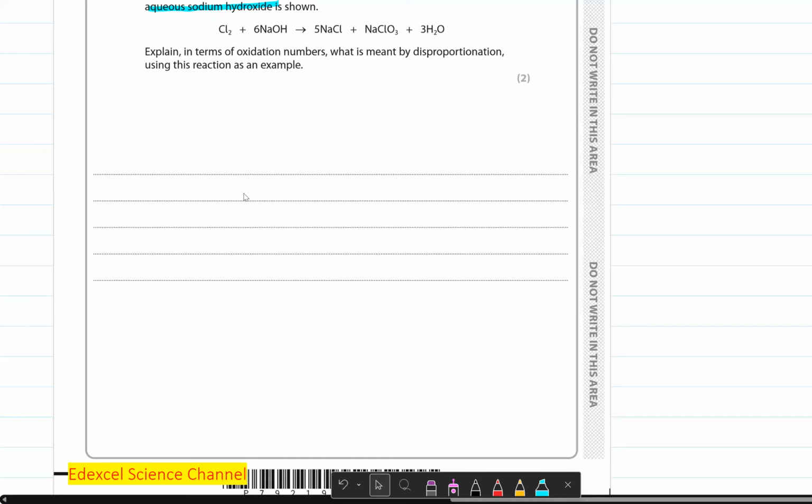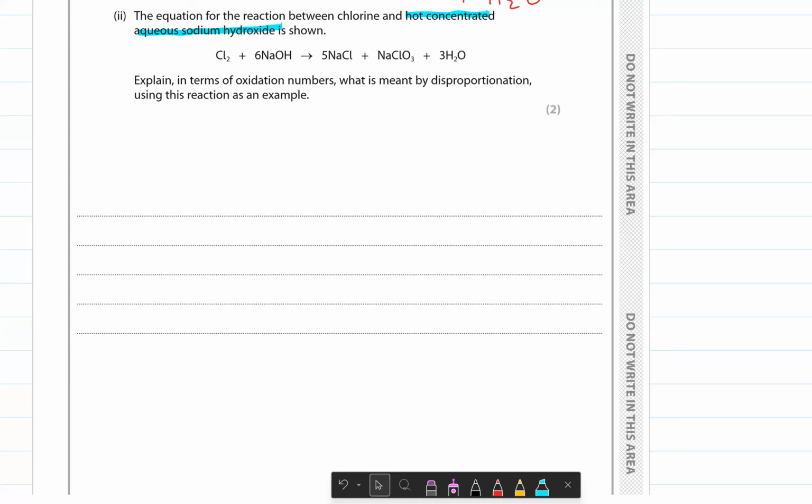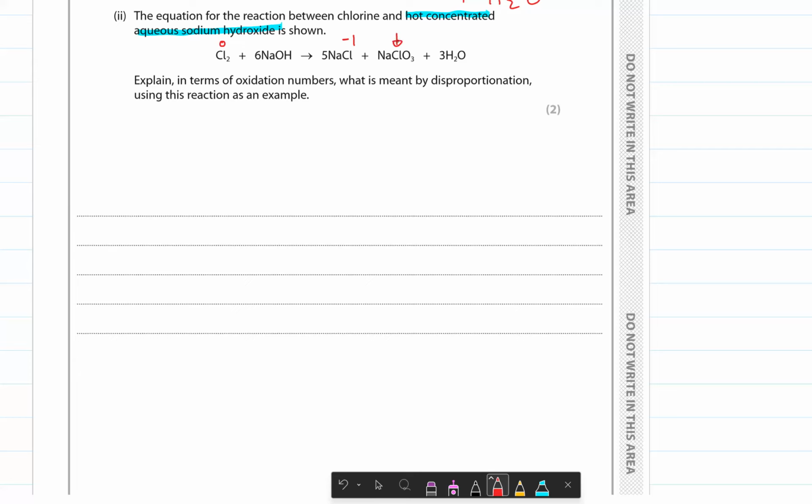If you notice over here, chlorine in the beginning, when it's in its elemental form, will have an oxidation number of 0. Here, chlorine is -1. So it has been reduced. But if you check the halate 5 ion, chlorine over here is +5.